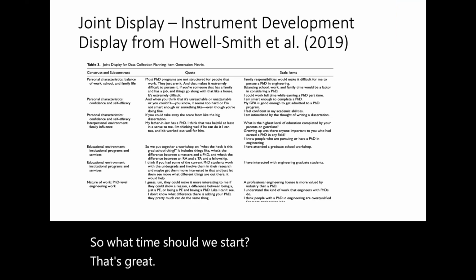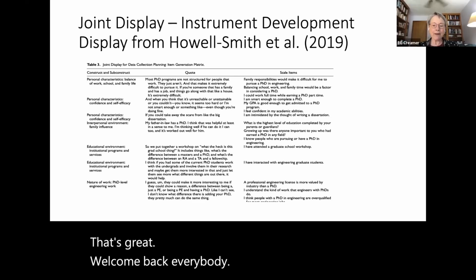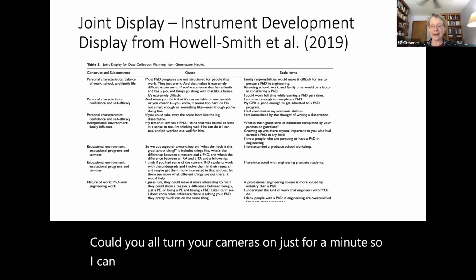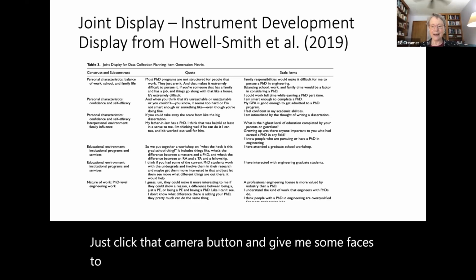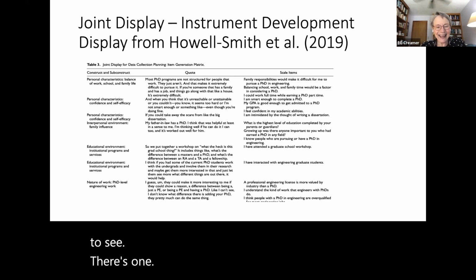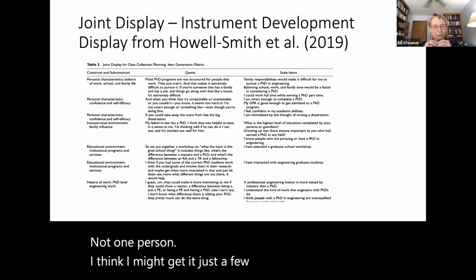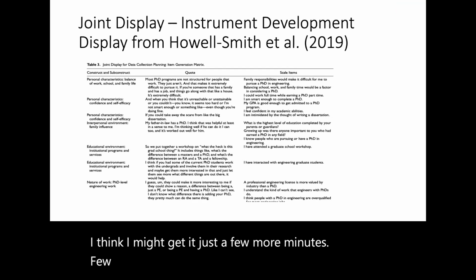Welcome back, everybody. Could you all turn your cameras on just for a minute so I can see what you look like? Just click that camera button and give me some faces to see. There's one. Thank you. Saw one person. I think I might give it just a few more minutes. There's a few people that have their camera on.